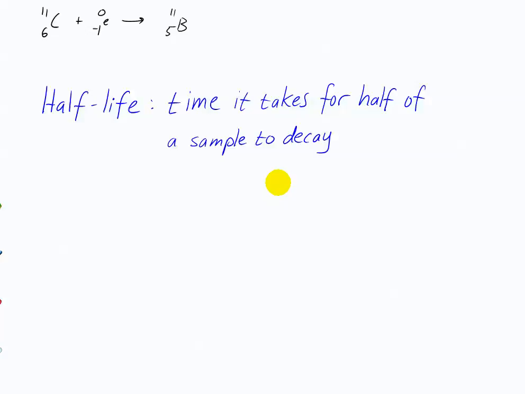So something with a very, very short half-life decays very quickly and is not going to be around for very long. Something with a very long half-life is going to be around a long time.